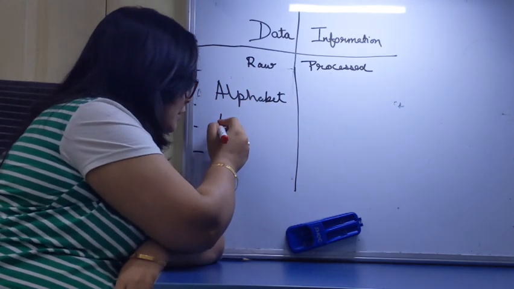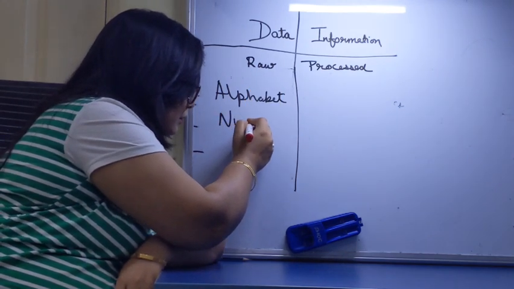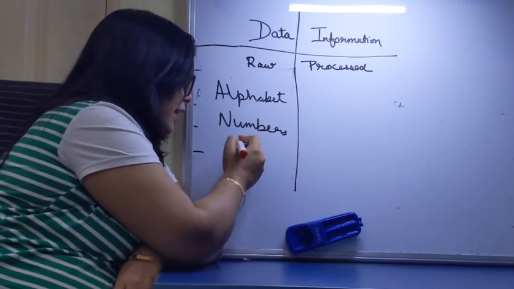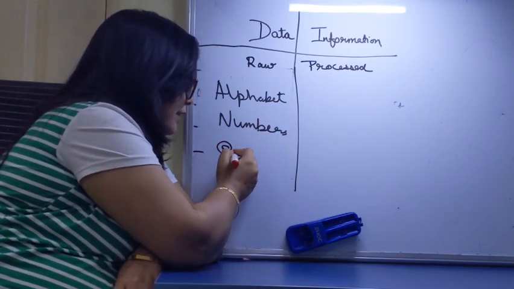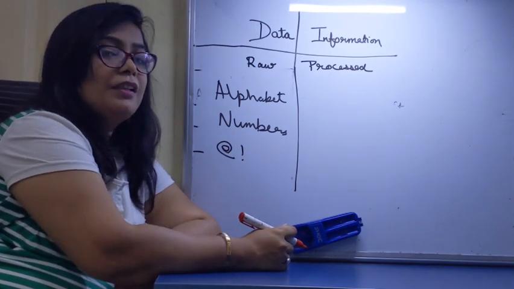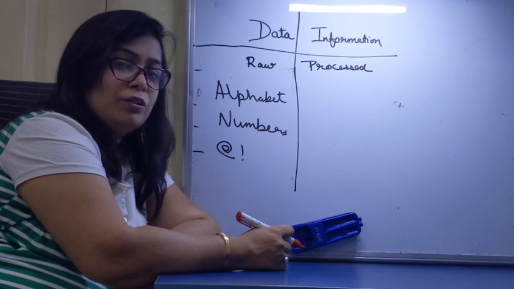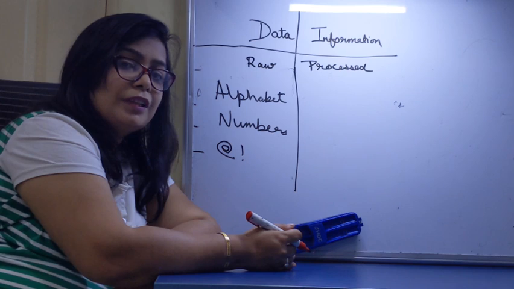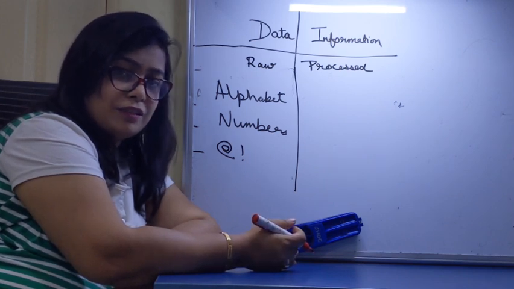Yeah, there are numbers. And moreover, there are also some special characters, like the @ sign, exclamation, others are there. You can refer to the keyboard. So this is how we enter data. The data has to have some meaning in it, and the information is processed out of it.